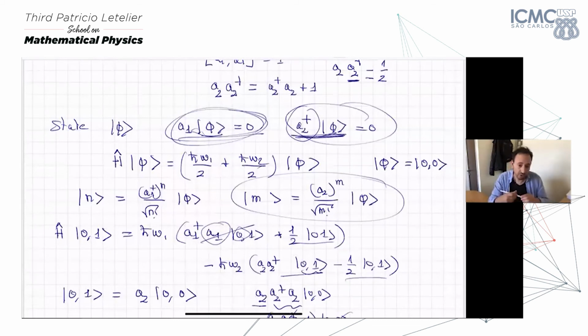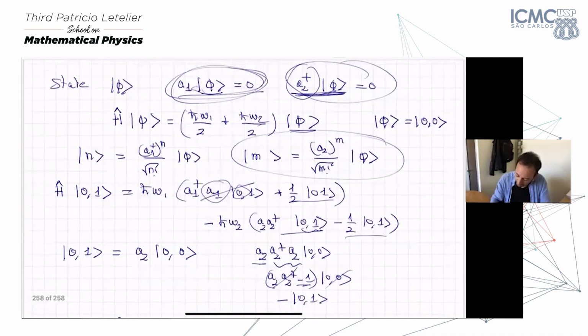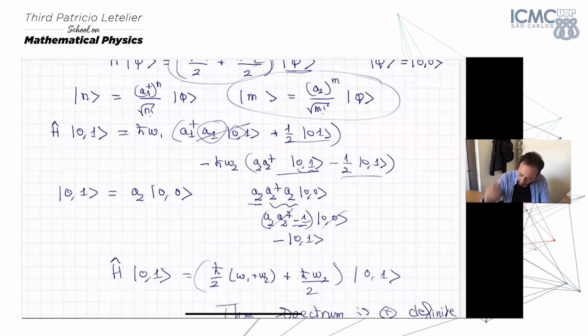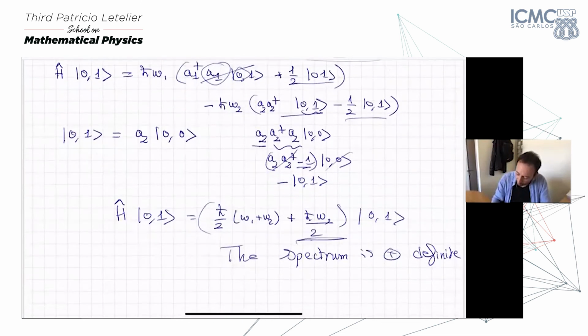Why not? We'll see what is the problem. But if we do that, for the moment, what I can find is that this is a vacuum. It has a perfect energy, which is the following. And then all the states which come after that will add some energy, and the spectrum is completely positive definite.